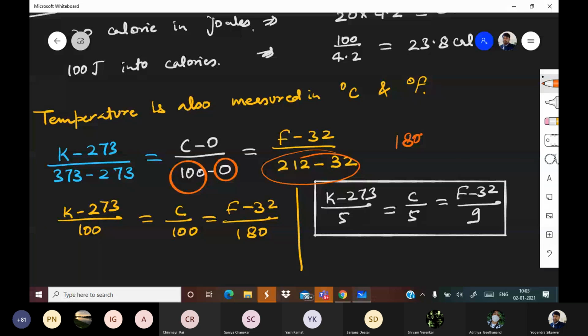So basically when you are talking in terms of degree Fahrenheit, the sensitivity of temperature is more. Human body's temperature movement can be measured for even smaller fractions of degree Fahrenheit. That's why it is being used. So the importance of degree Fahrenheit is more in clinical purpose.